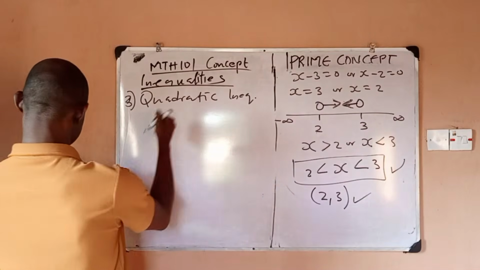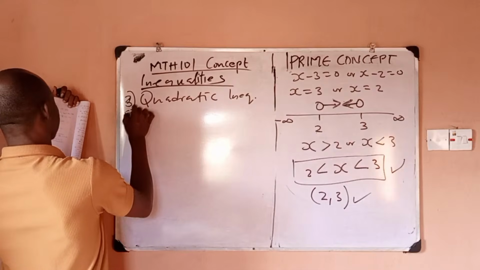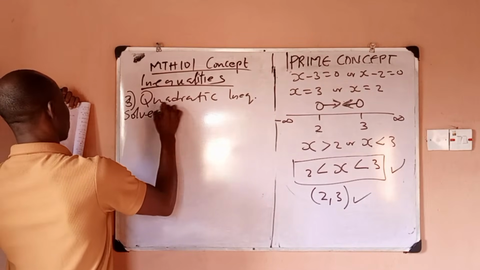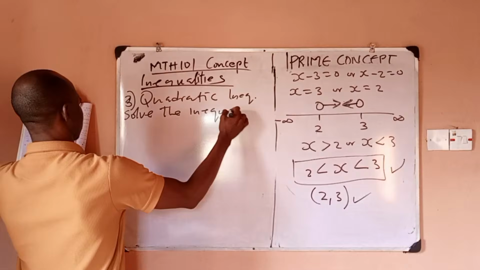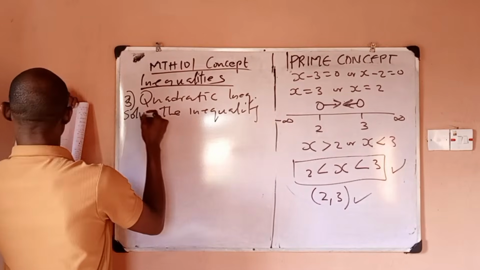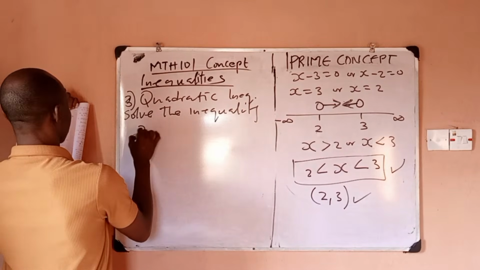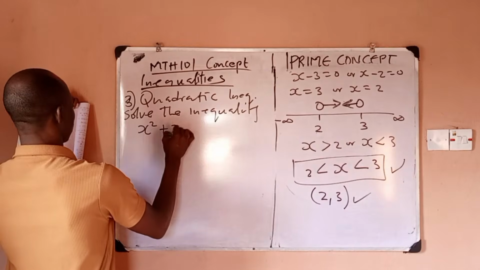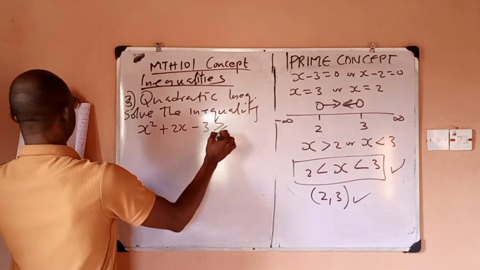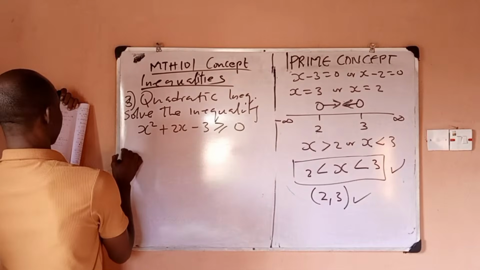So I have this, solve the inequality x squared plus 2x minus 3 greater than or equal to 0. So solve this.